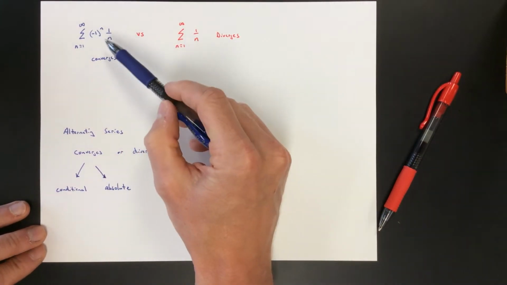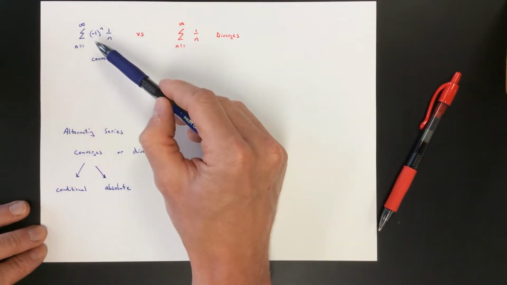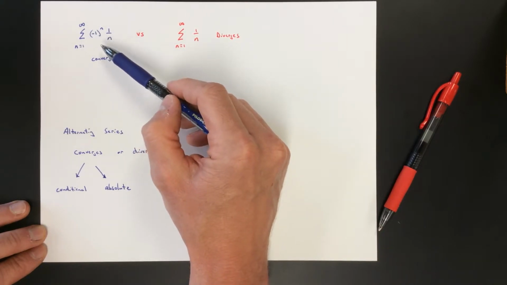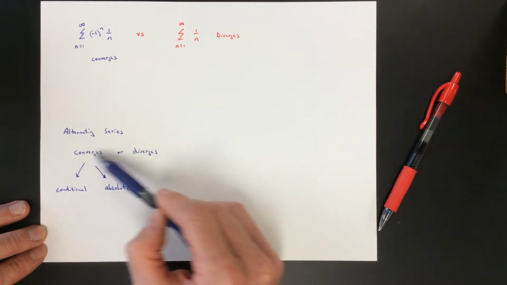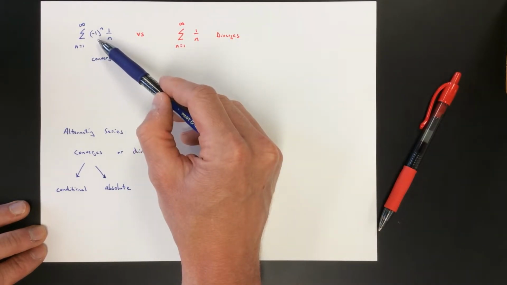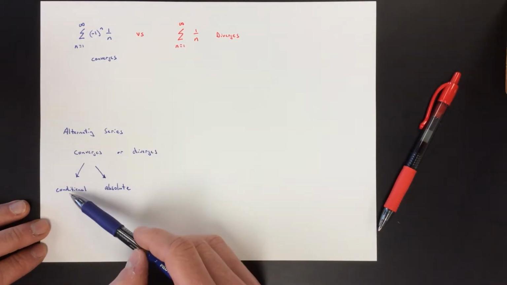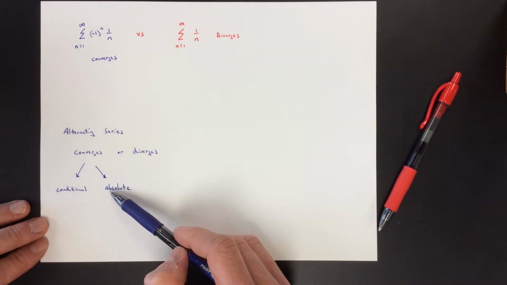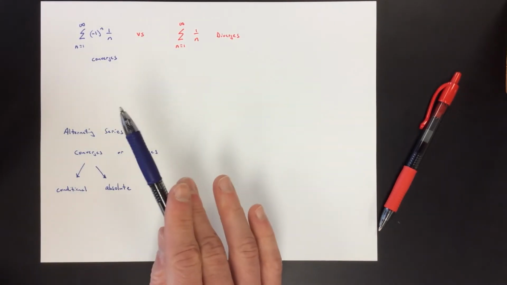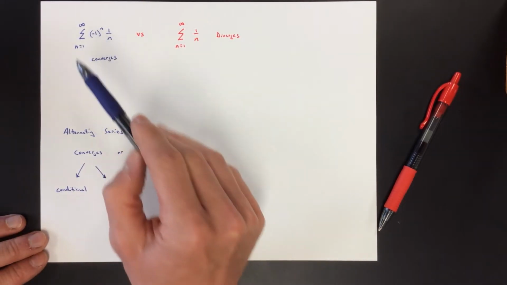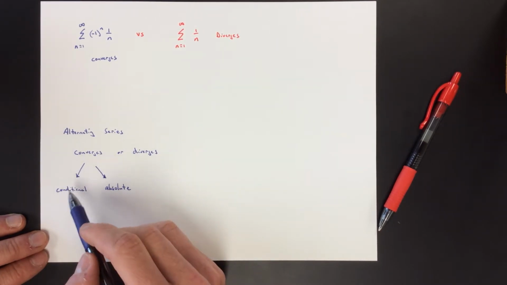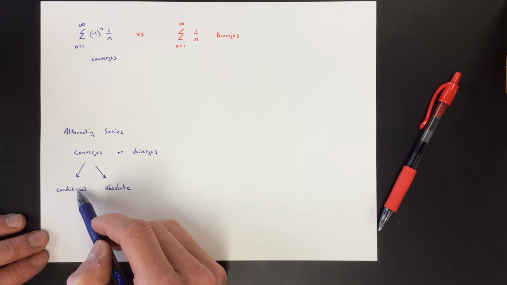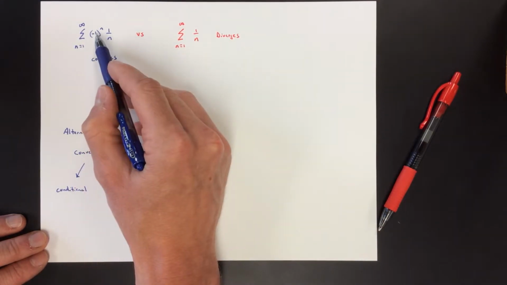Let's go back up to this guy. It's an alternating series. Its terms decrease in absolute value. Its limit is 0, so it converges. Now, does it have conditional convergence or absolute convergence? We already decided that it converges. If it's conditional convergence, the only reason it converges is because it was alternating.